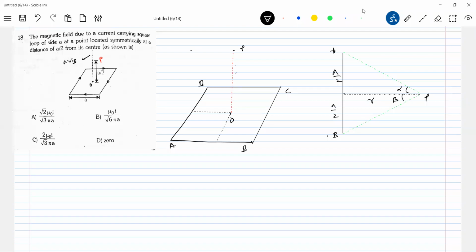So what to calculate due to one wire? So it is here, that is I. Let's get into the problem. This distance is A by 2, no?